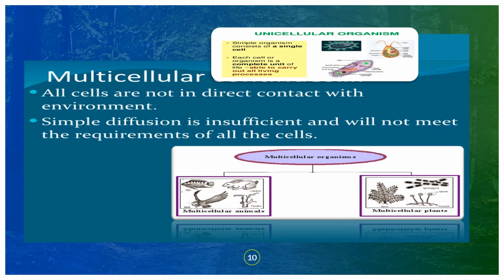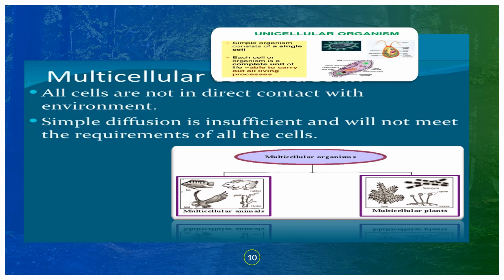But when we talk about multicellular organisms, there are many cells first of all. You can see multi means many and cellular means cell. So they have many cells and all the cells are not in direct contact with the environment. So in that case, diffusion is insufficient and will not meet the requirements of all the cells. In case of unicellular, there was a diffusion process, that means movement of substance from high concentration to low concentration.